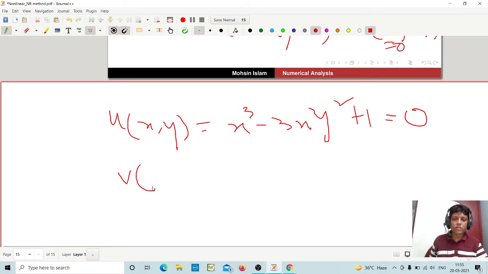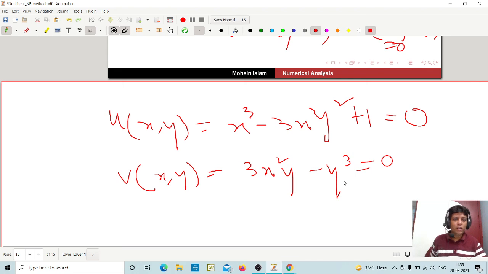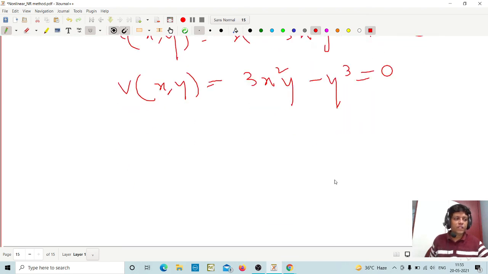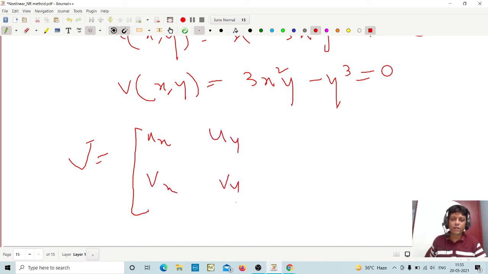Another one is v(x,y) equal to 3x squared y minus y cube equal to 0. That's it. So you can write the Jacobian J, the matrix of partial derivatives u_x, u_y, v_x, v_y.